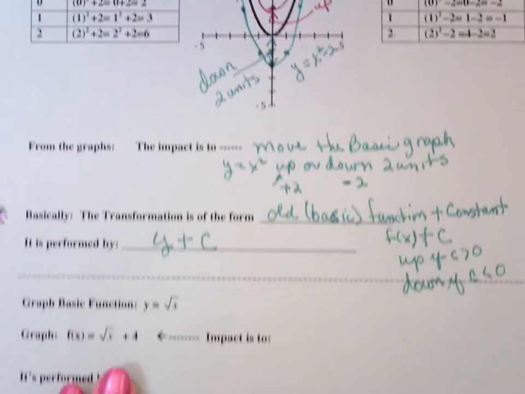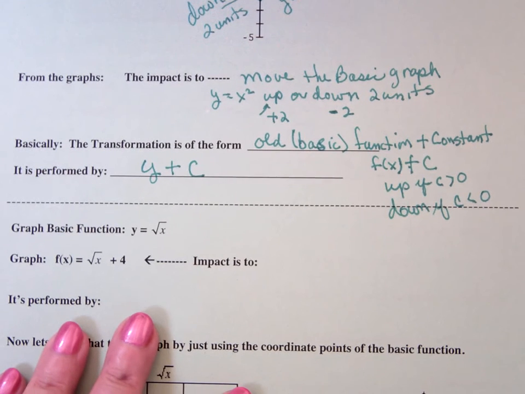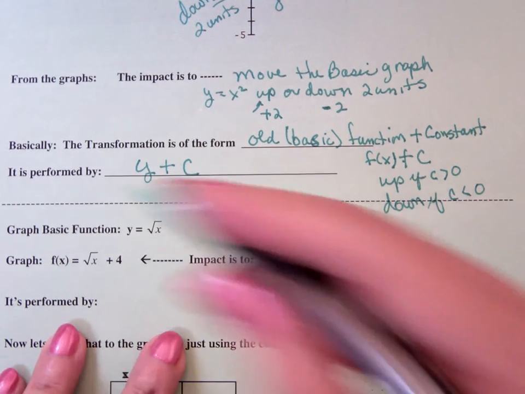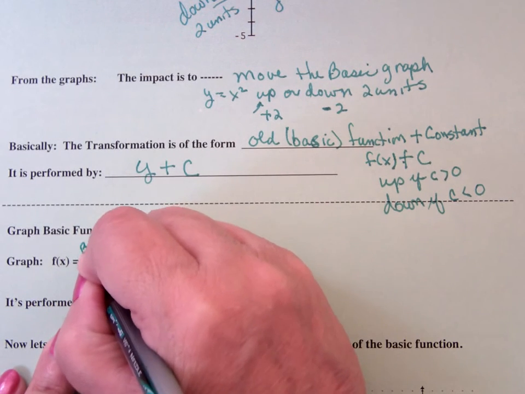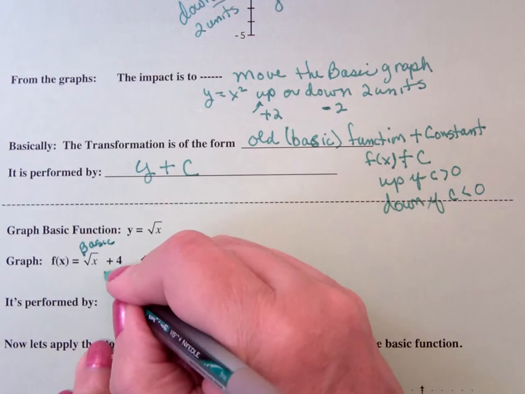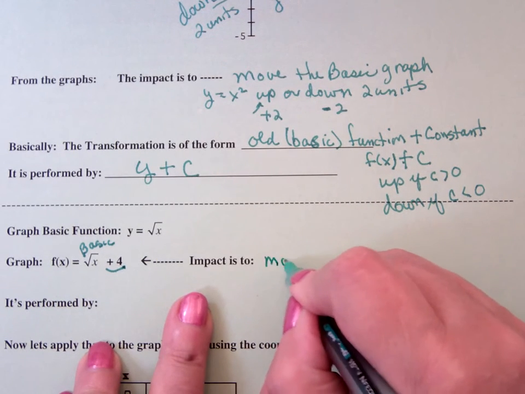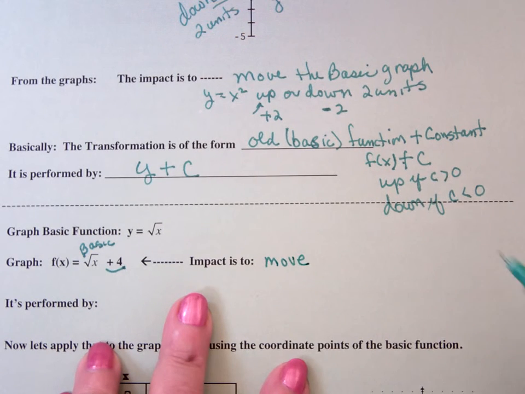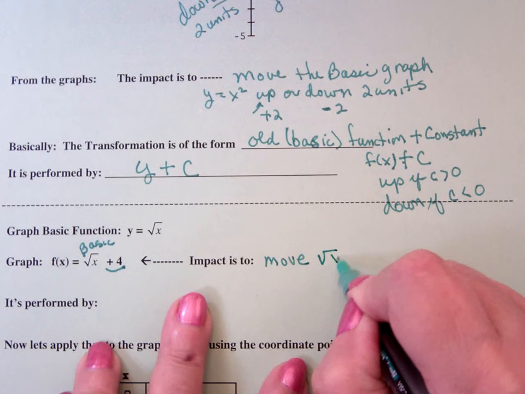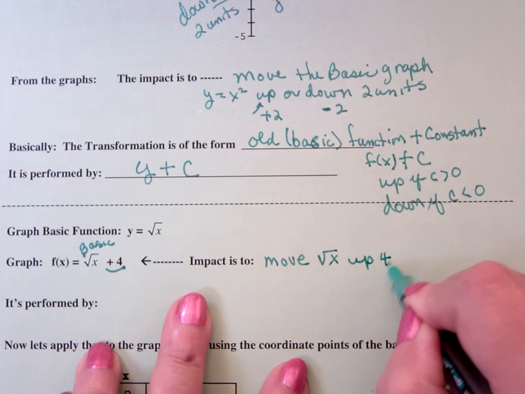If I look at the basic function being y equals the square root of x, so f of x equals the square root of x plus 4, since I'm going to be adding 4, its impact is to move the square root of x up 4 units.